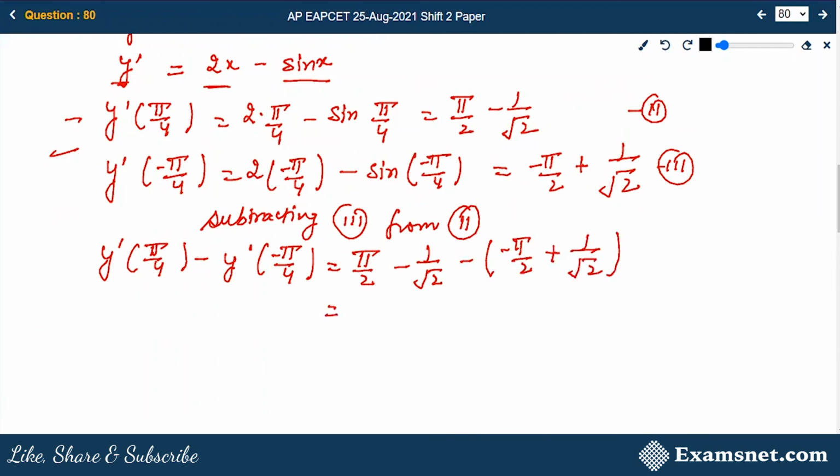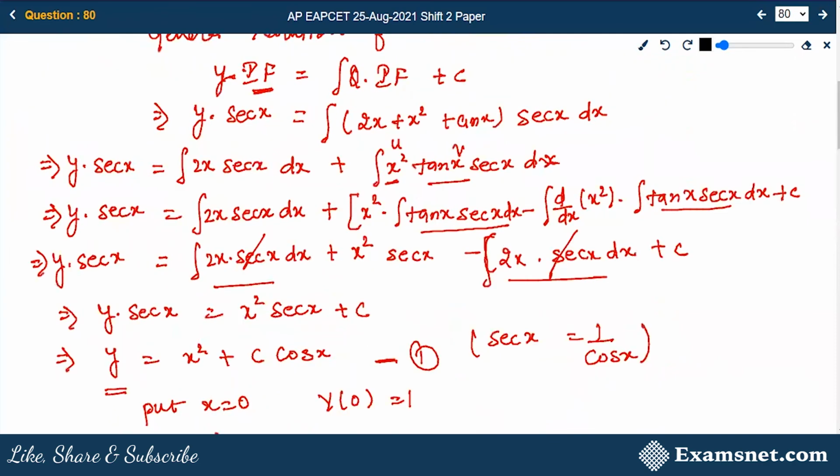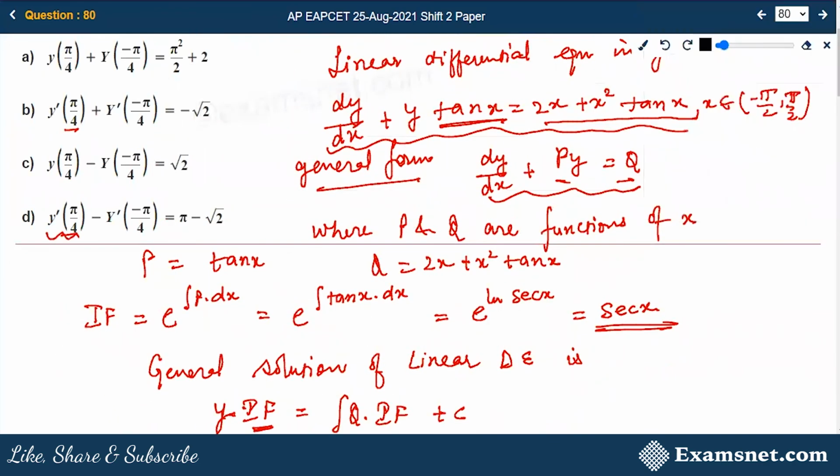So this will be pi. You will solve it. You will get pi minus 2 upon under root 2, which is pi minus under root 2, which is your required answer. So which is the correct option? Let's see. The correct one is y dash of pi by 4 minus y dash of minus pi by 4 is pi minus root 2.